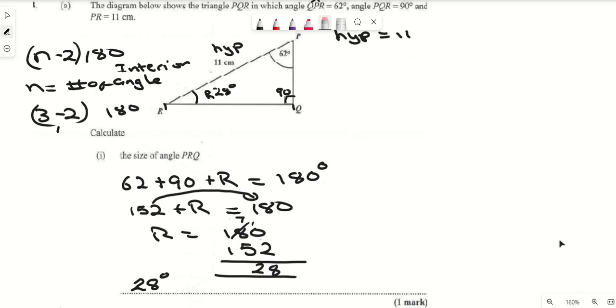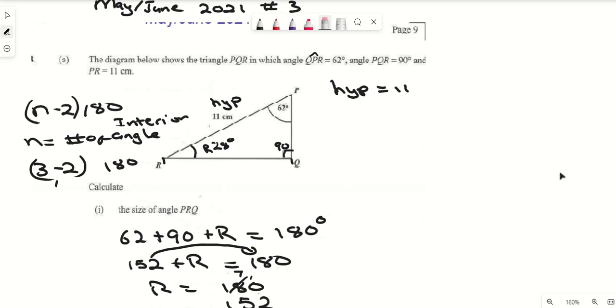Now, to find out the labels of the other sides, if we're using this 62 degree angle here as theta, then RQ becomes my opposite, the side opposite the angle that we're using, right?